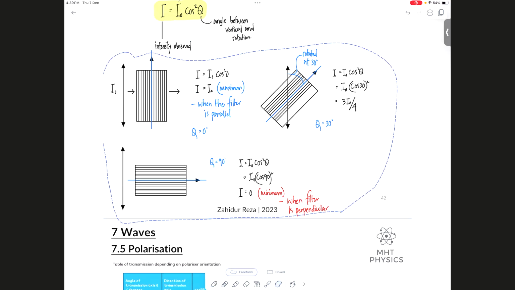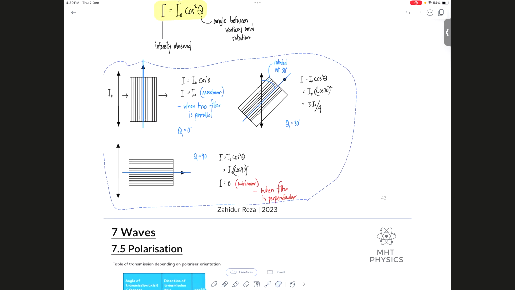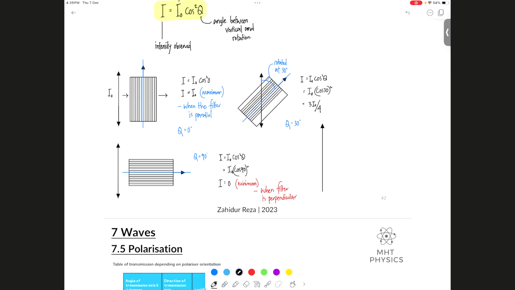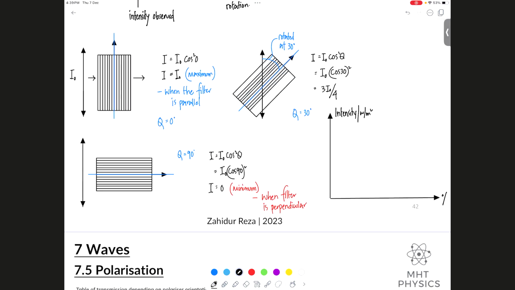Did you understand somewhat how to use the equation? Okay then draw a graph for me. Graph of angle versus intensity. How does the graph look like? Go from 0 to 360 degrees, full rotation.